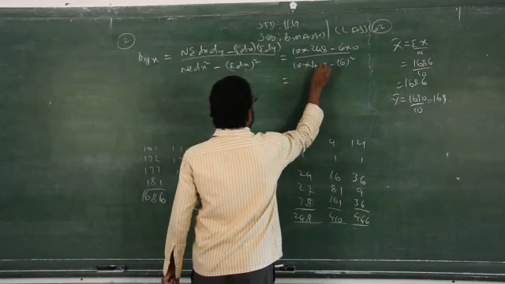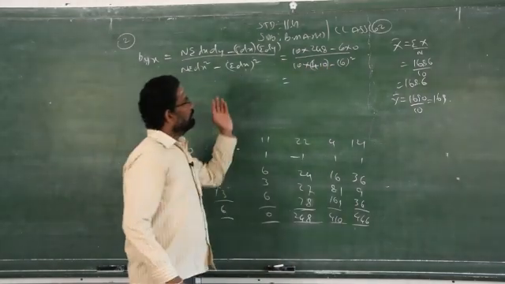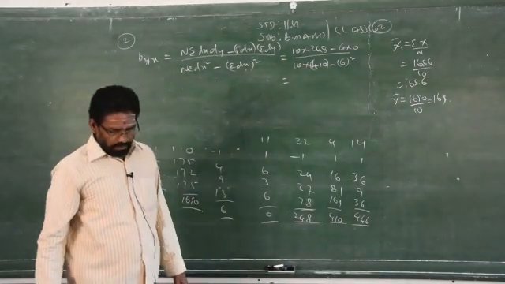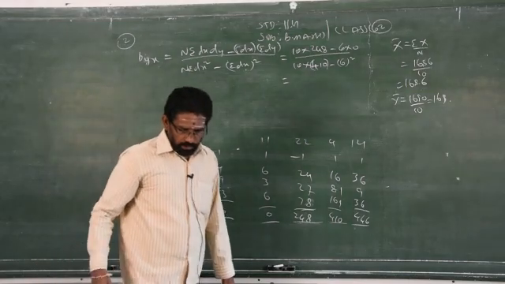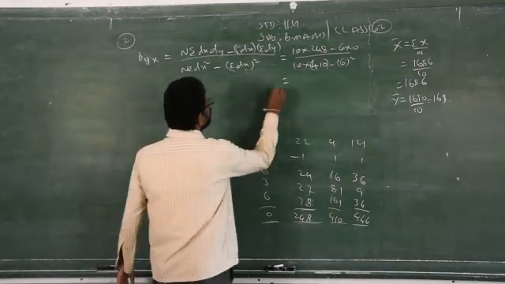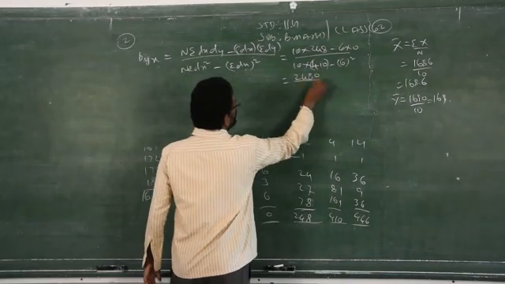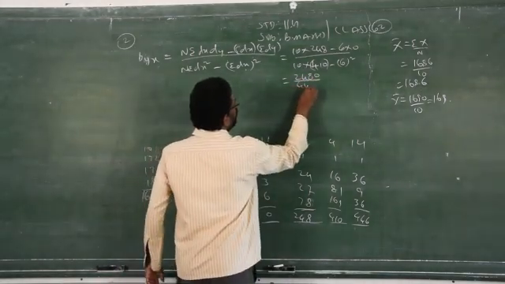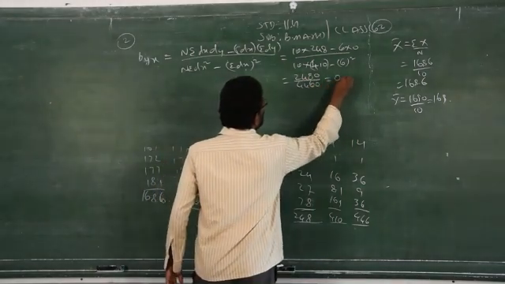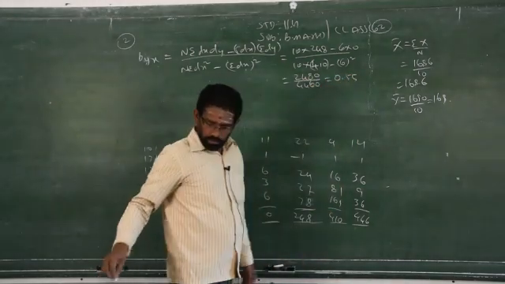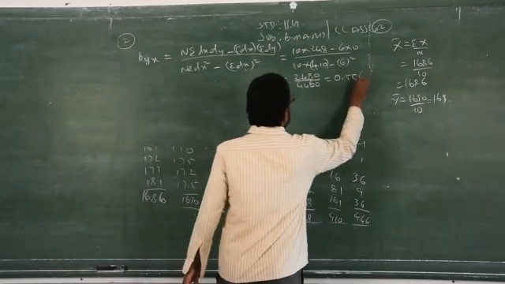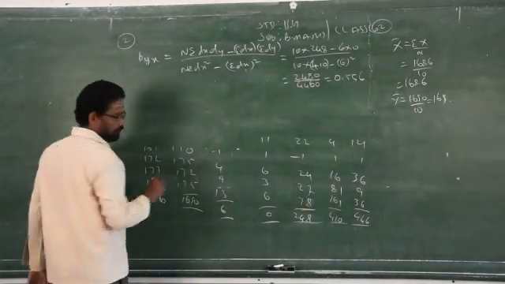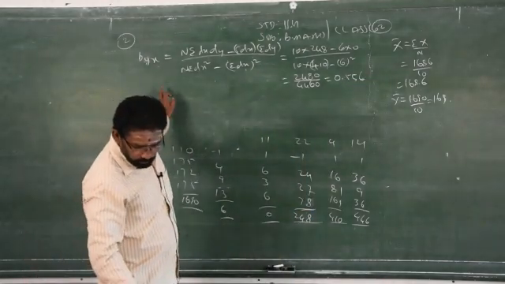So simplify, just you multiply and simplify, you will get the answer as 2480 by the denominator 4460, 4460 is equal to 0.556. Clear?